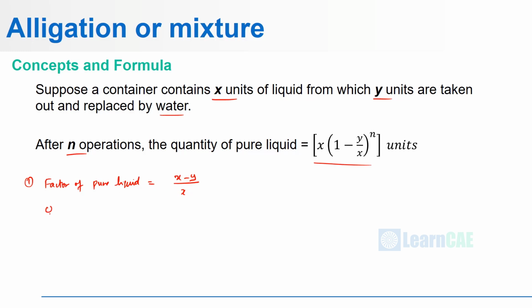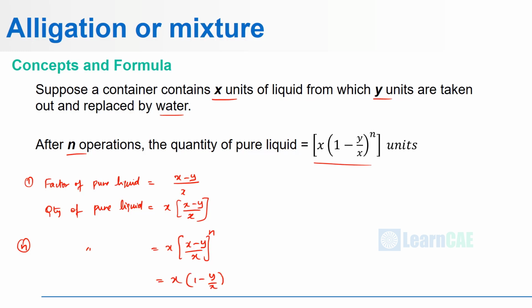Therefore, the quantity of pure liquid will be equal to X into (X − Y)/X. Therefore, after N operations, this quantity of the pure liquid will be equal to X into ((X − Y)/X) power N. So this is nothing but X into (1 − Y/X) power N.